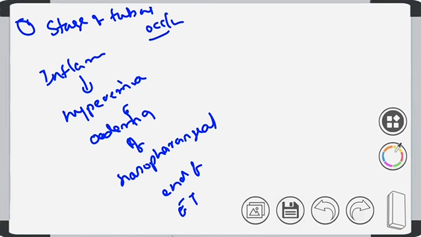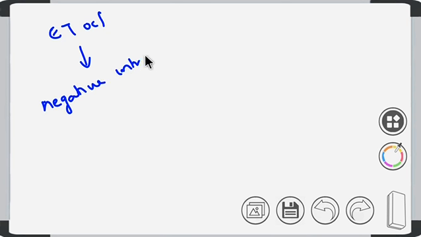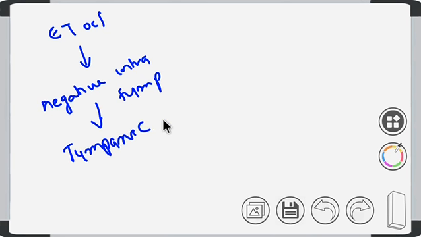As there is occlusion of the eustachian tube, what happens? Negative intratympanic pressure will develop. Due to this negative intratympanic pressure, the tympanic membrane will be retracted.